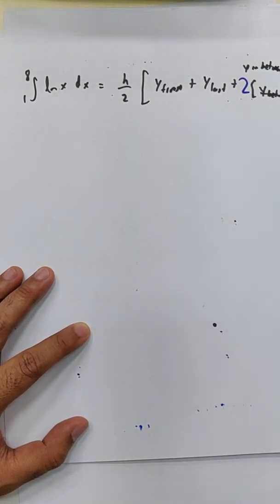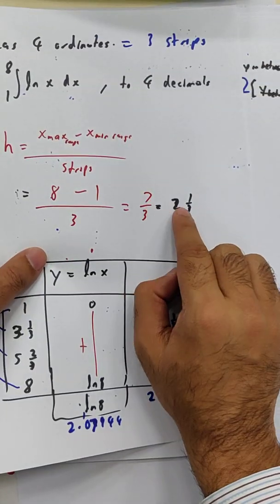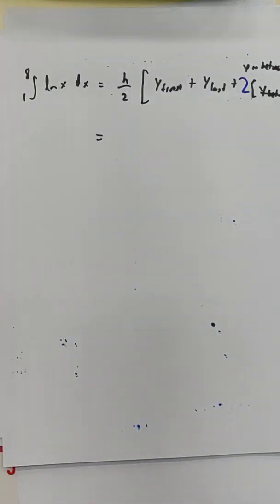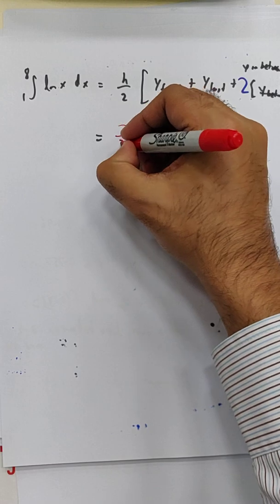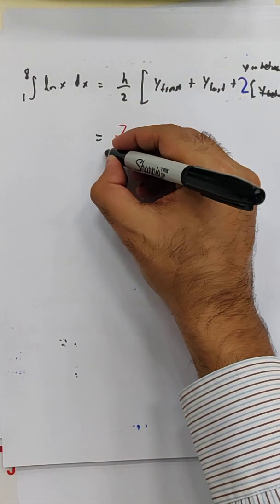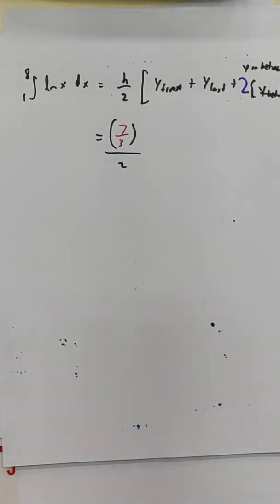Y in between. Okay, so h, what do we get? 7 over 3, over 2. So press your calculator correctly.